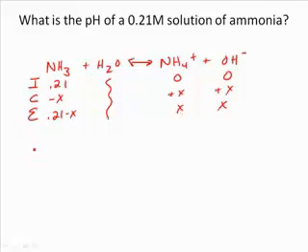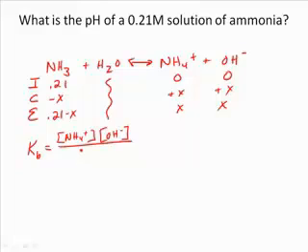Okay, my Kb, this is a base. We're producing hydroxide ions into the solution with its interaction with the water. So we're going to use a Kb value. And so that's going to be the NH4 plus, OH minus over the NH3.